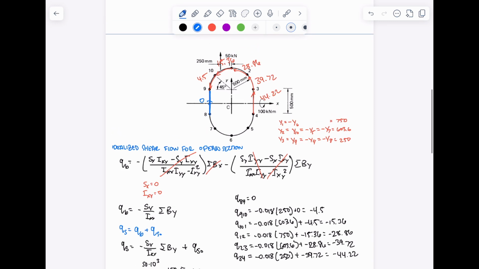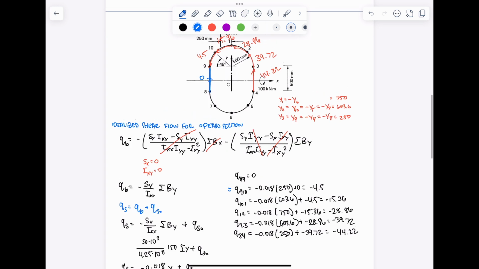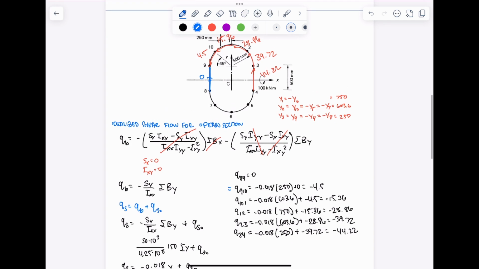And again, because the geometry is symmetric, we can say that shear flow of 9 to 10 is also equal to 8 to 7. So shear flow from 8 to 7. 10 to 1 is 7 to 6. So shear flow of 7 to 6.